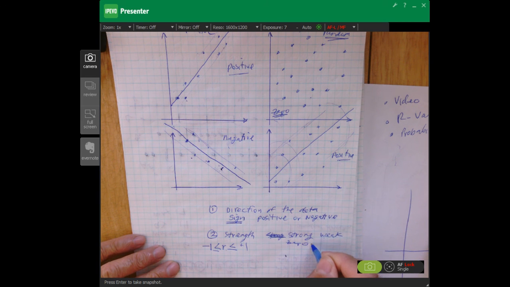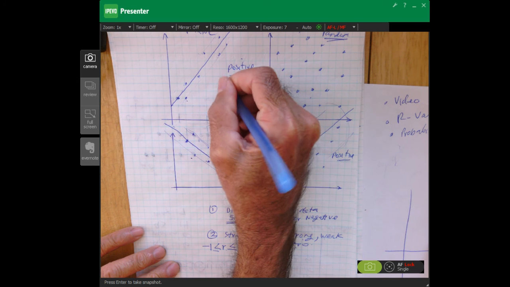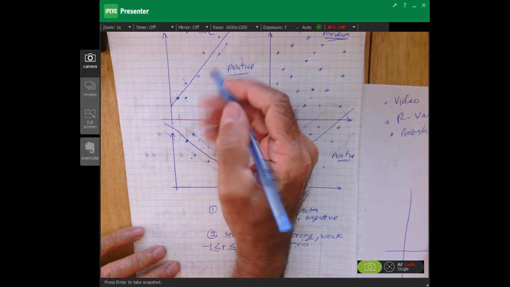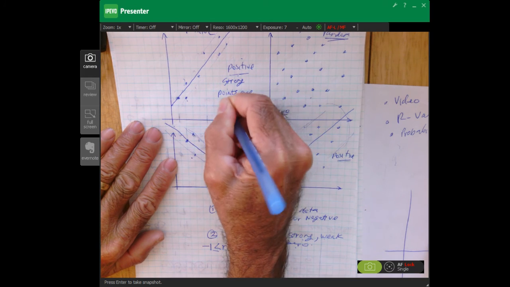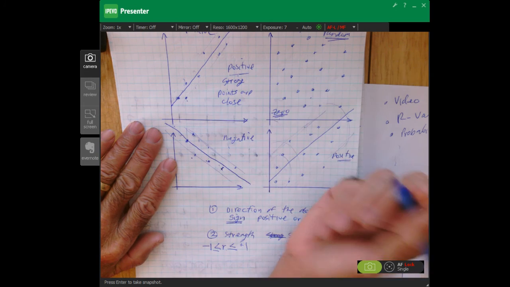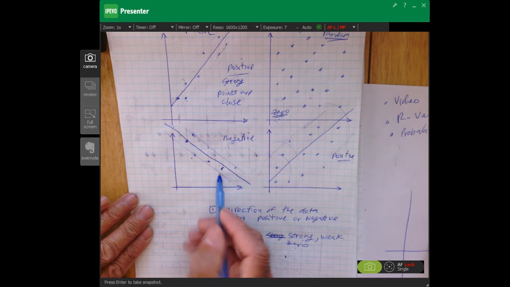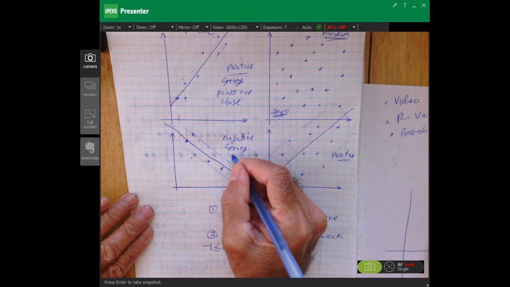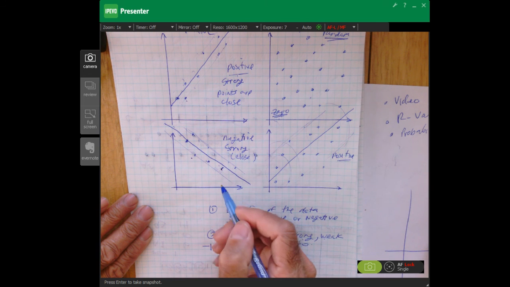Okay. So strong, weak, or zero. So this one right here is positive. It's strong because these points are close to that line, right? This one is negative, but it's also strong because it's close to the line.